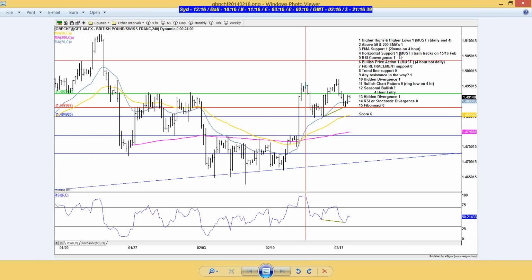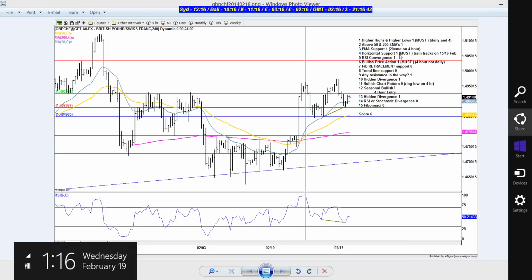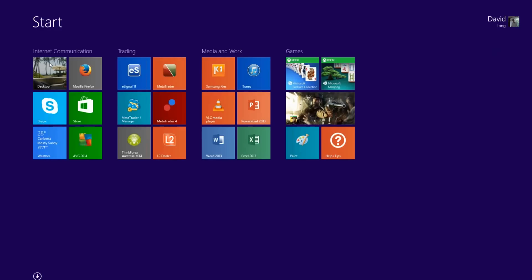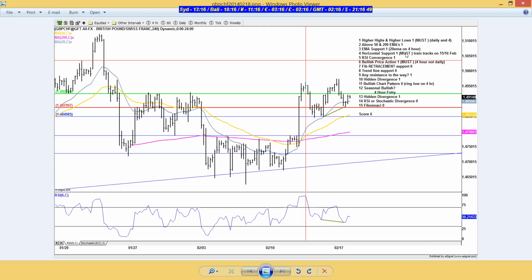Trend traction on the 15th of Feb. Why? Whoop. What happened there? Fib retracement, trend line support.